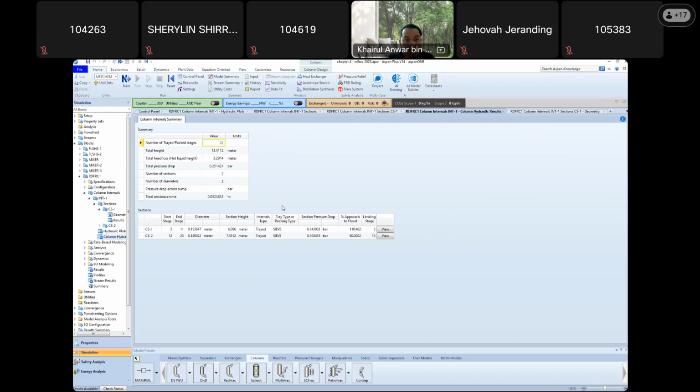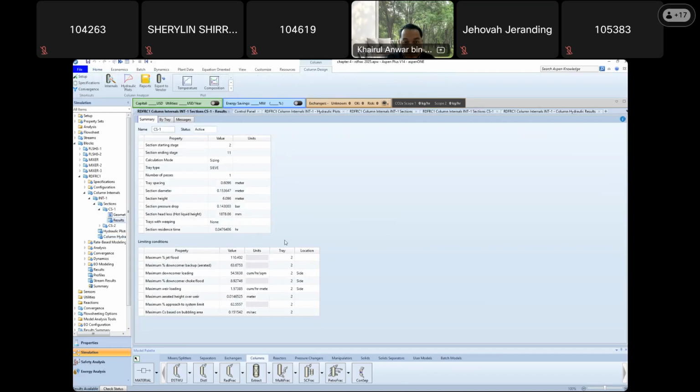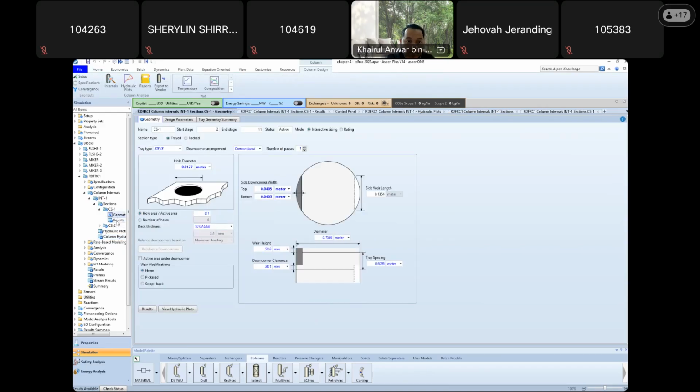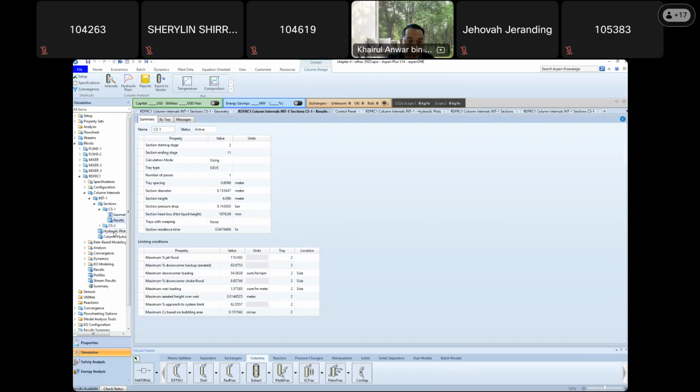This is information about the column, specifically the trays. This is the pressure drop for the tray. There is a problem here.